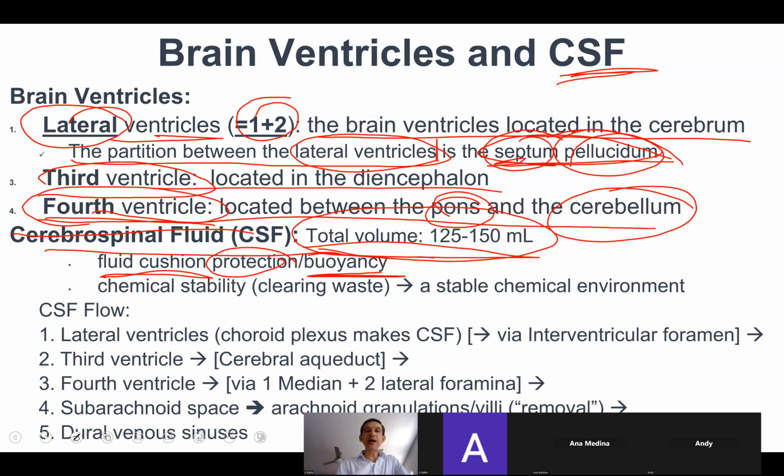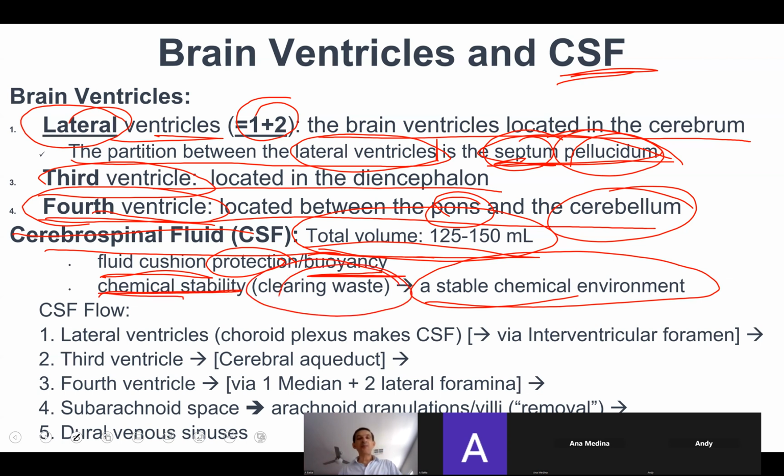It also provides a very stable chemical environment. It provides this chemical stability by clearing waste and by replenishing things that are lost. But think of clearing waste. That's very important because we're talking about a brain which is a collection of cells, right?